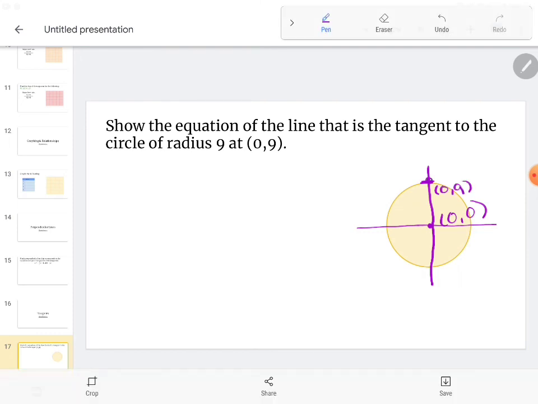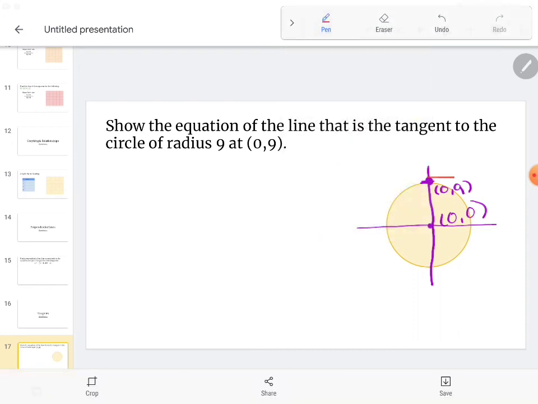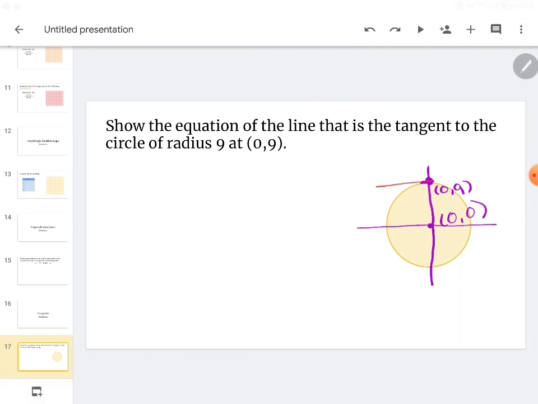Well, this is the point we want. We want to find our tangent, which is going to hit only one point of the circle, which means that we will have a line crossing the circle right at the edge, right here. It is perpendicular to our y-axis.